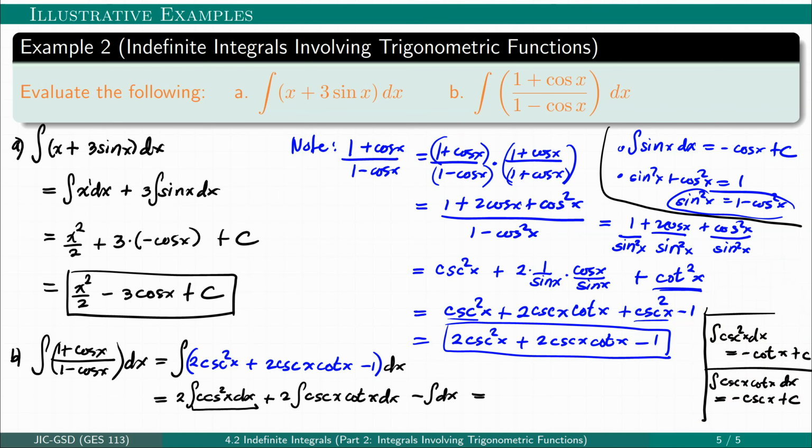So using these formulas, we will have 2 times the integral of cosecant squared x dx is just minus cotangent x, so we can put the minus before the 2. And 2 times the integral of cosecant x cotangent x dx is minus cosecant x, so we'll put the minus before the 2, cosecant x. Integral of dx is actually x, so this will be minus x plus c.